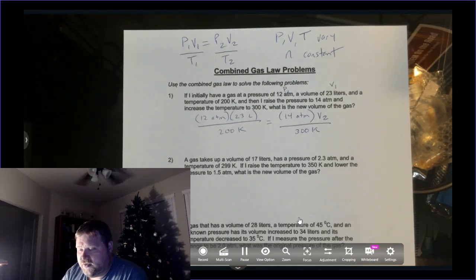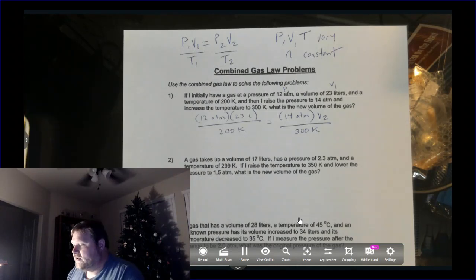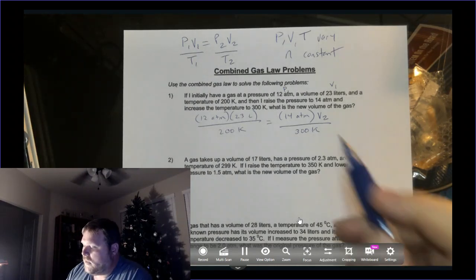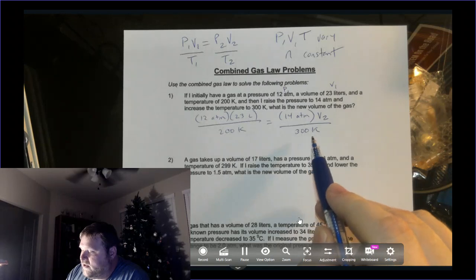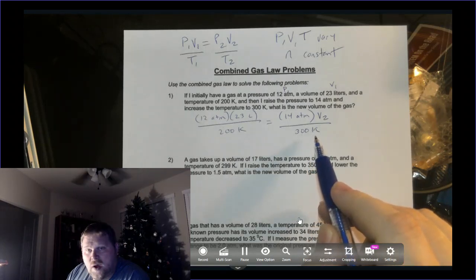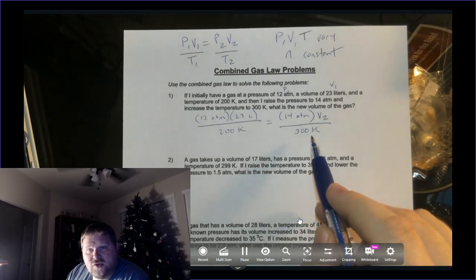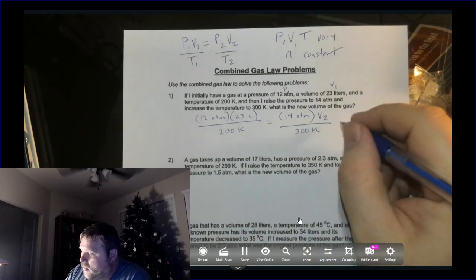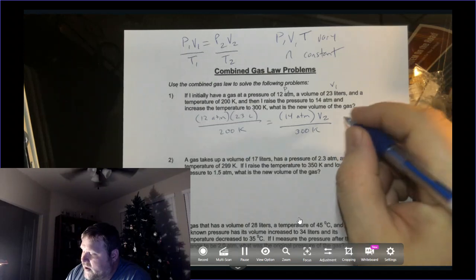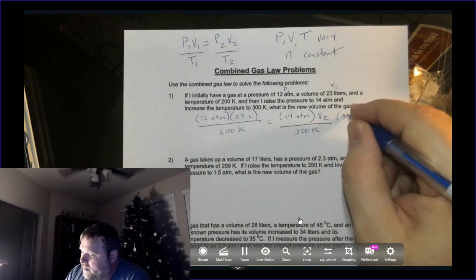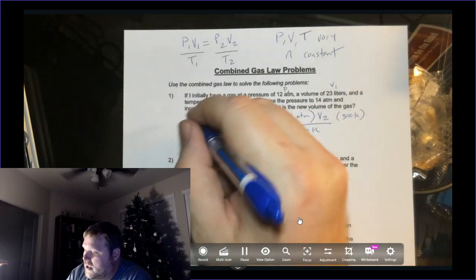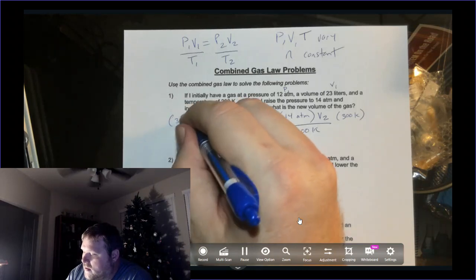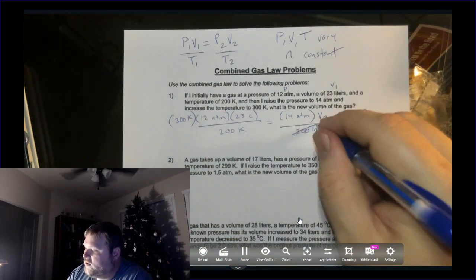Now, for some students, the algebra is the trickiest part of this. We can go ahead and simplify both sides if you like, but for a lot of you, I'm going to recommend that you do some algebra movement around before you start simplifying. So what I mean by that is, let's get V2 by itself. I'm going to multiply both sides by 300 Kelvin, so that gets rid of the 300 Kelvin.